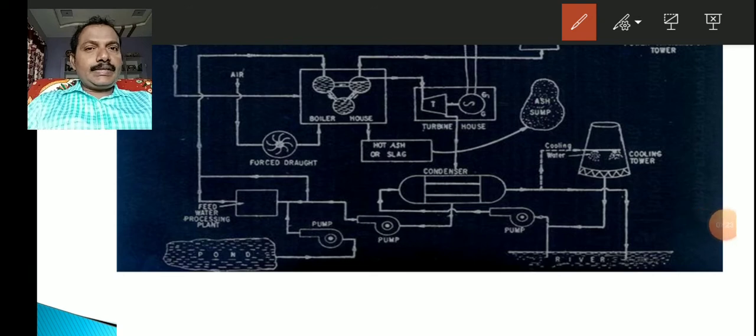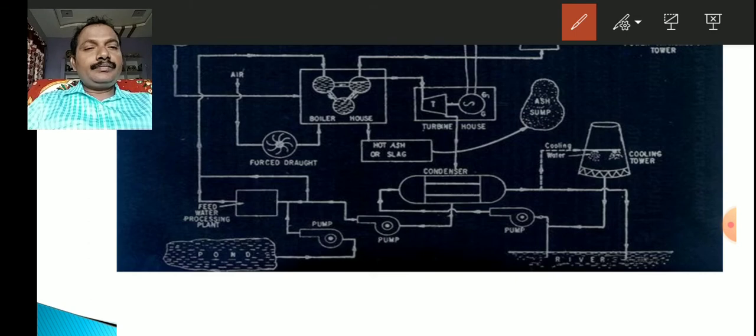Now let us see the feed water and steam flow circuit. The third circuit is the feed water and steam flow circuit. So observe here, the water is pumped into the boiler section like this.